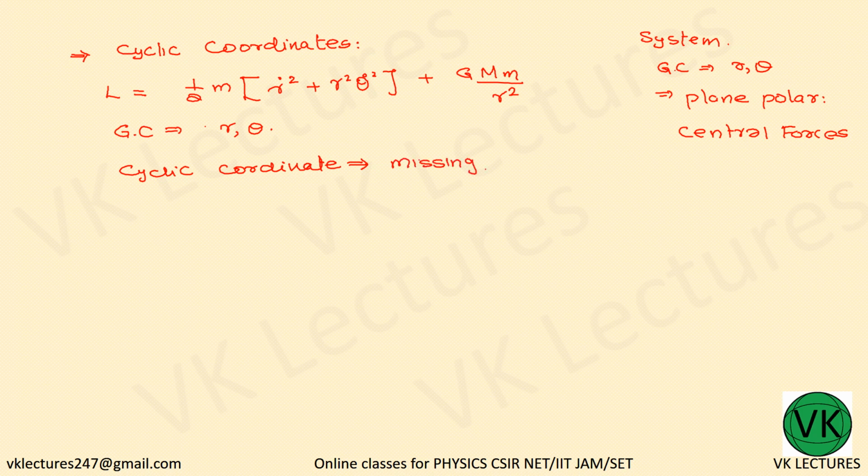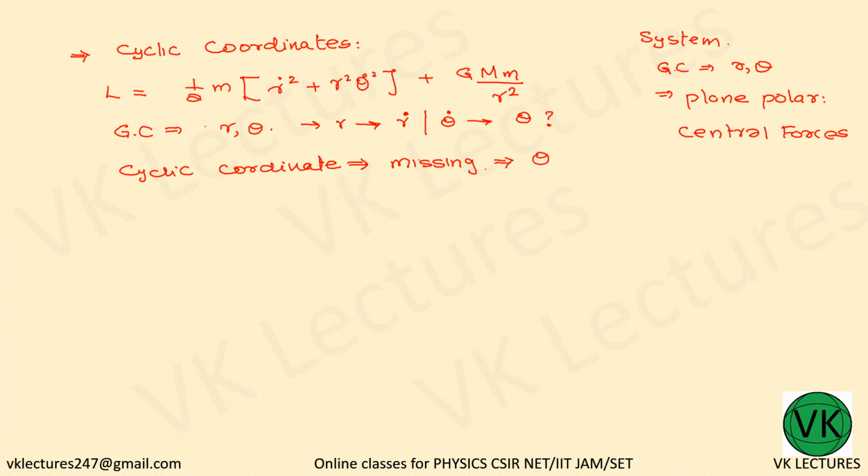Here you have r, and corresponding to r there is r dot. On the other hand, theta dot is present, but there is no theta. Theta is absent. That means the Lagrangian is independent of theta, so theta is called a missing coordinate or cyclic coordinate.